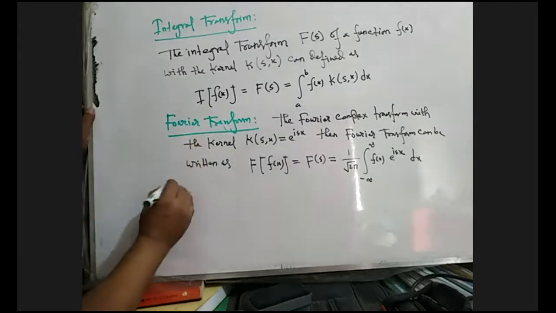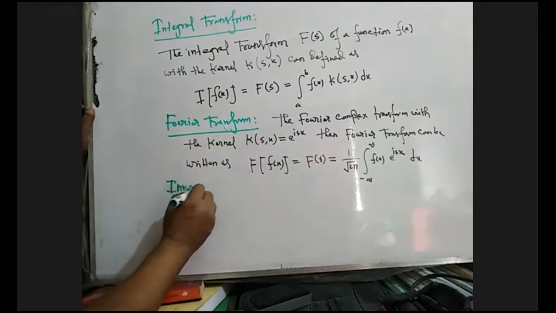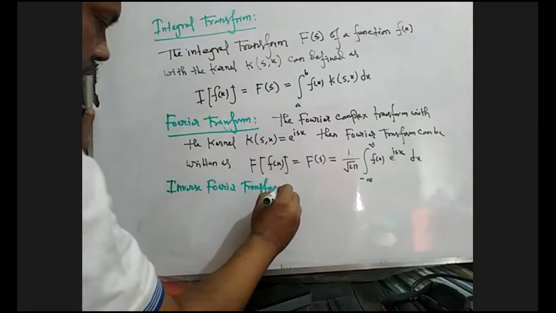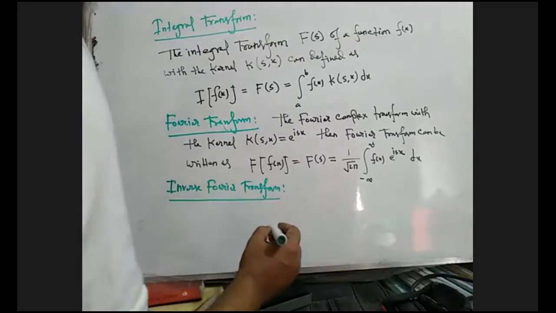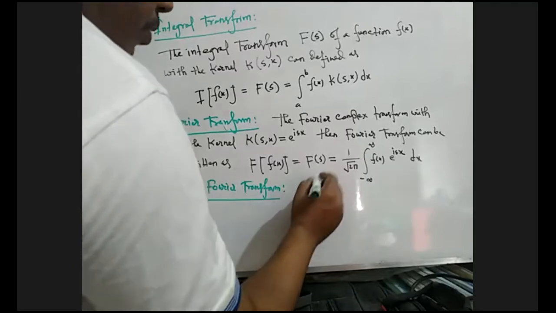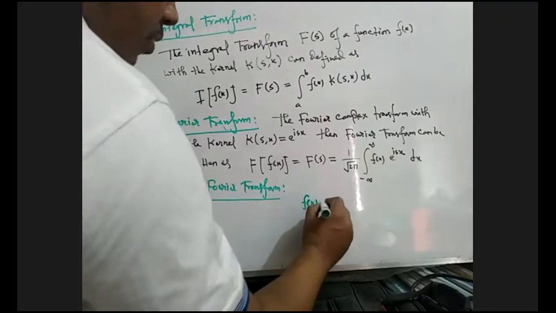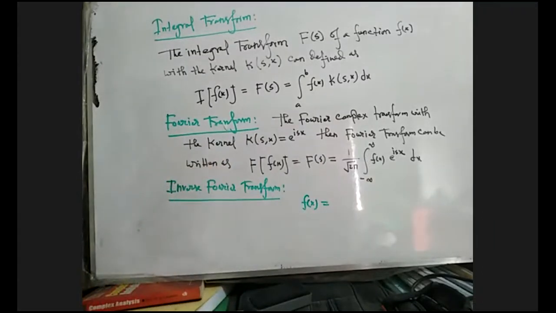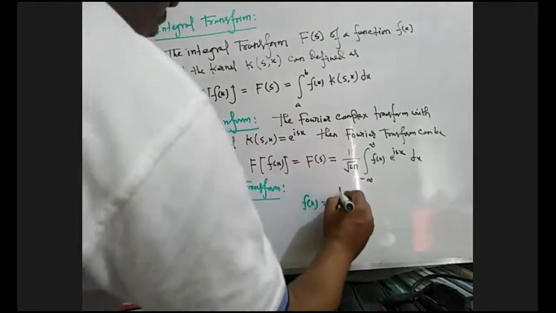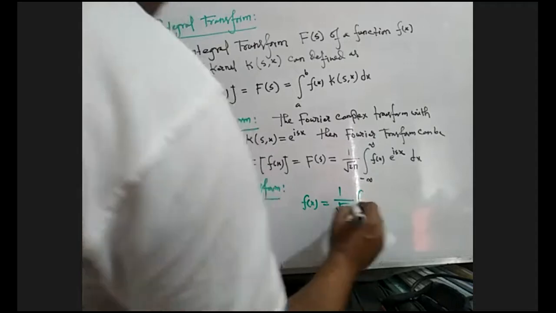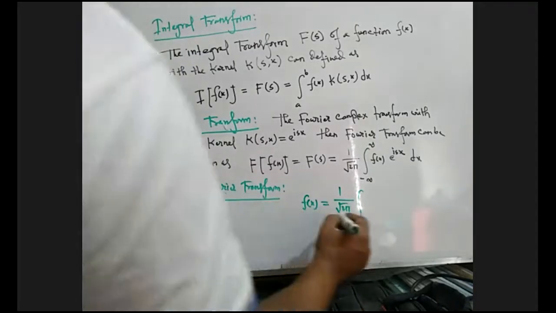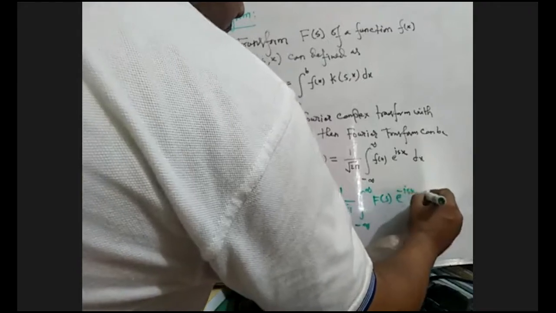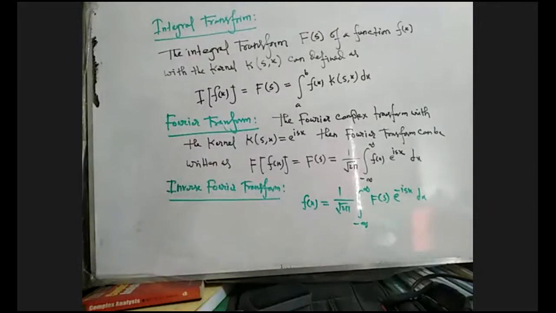The inverse Fourier transform can be written as f of x equals 1 by root over 2 pi, the integral with similar limits from minus infinity to plus infinity of F of s e to the power minus isx ds. This is the inverse Fourier transform.